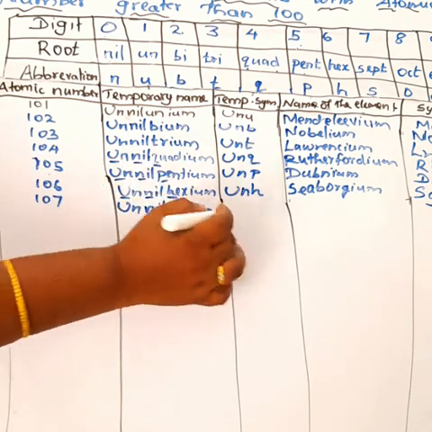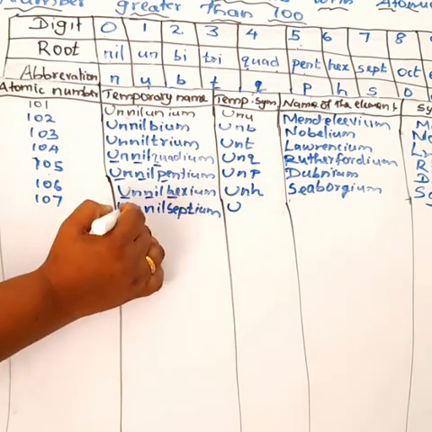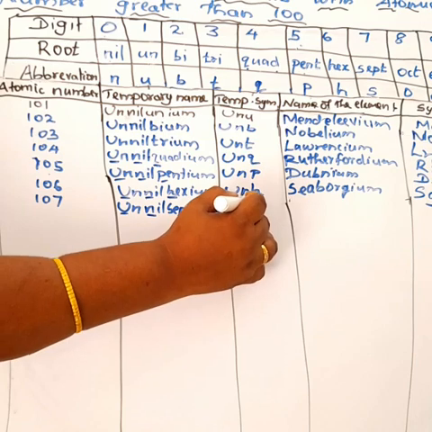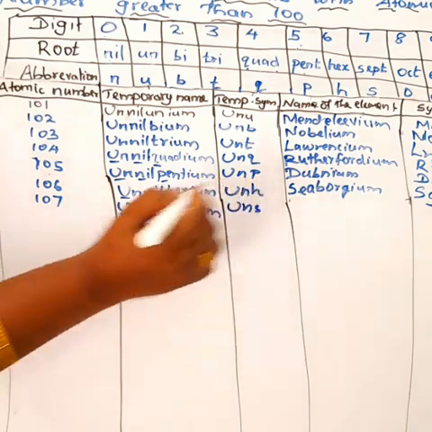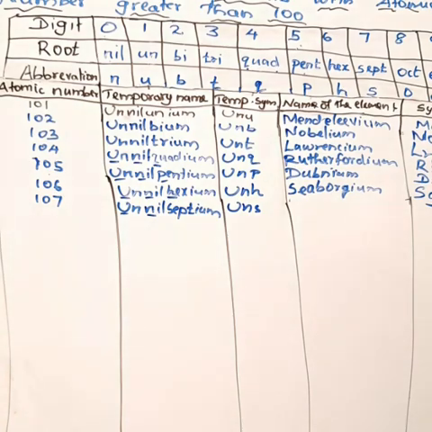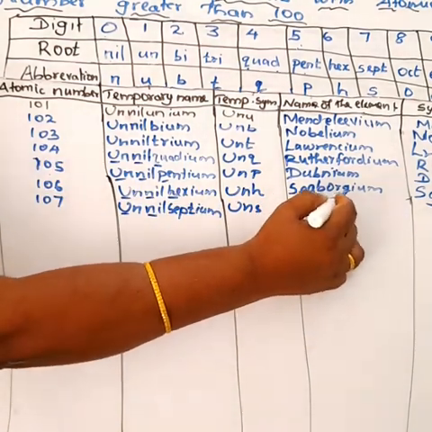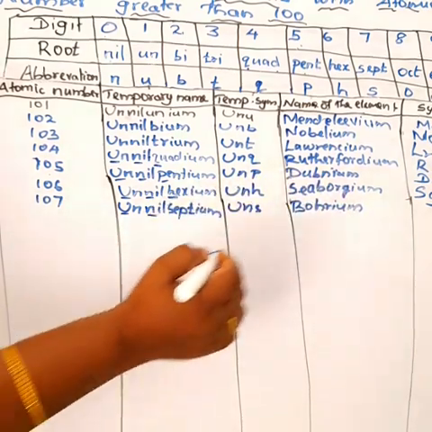What is the symbol? U for un, N for nil, and H for hept. What is the element name? 107. The element name is bohrium. Bohrium. Don't forget, symbol Bh.